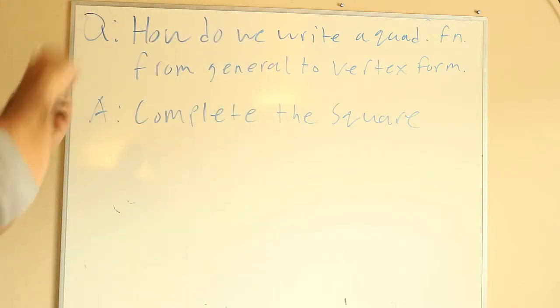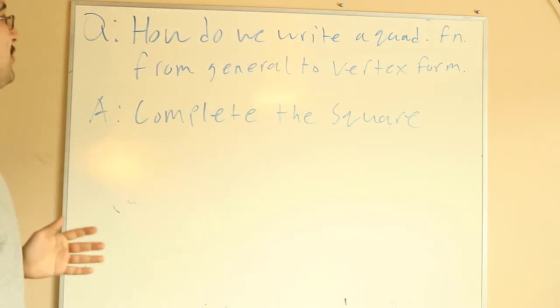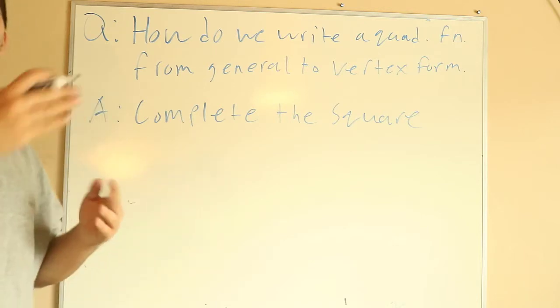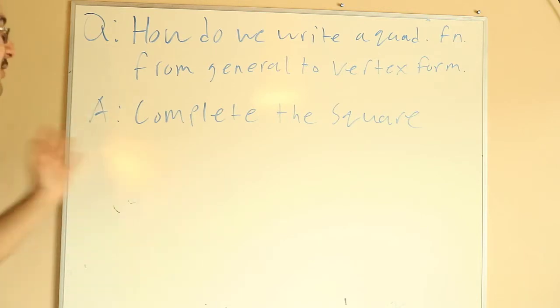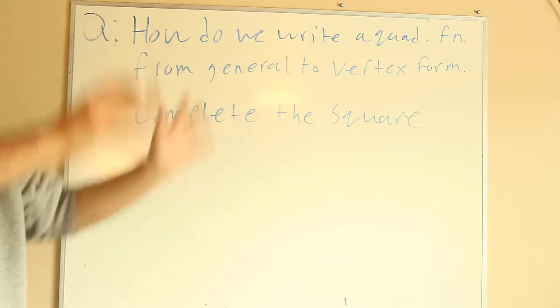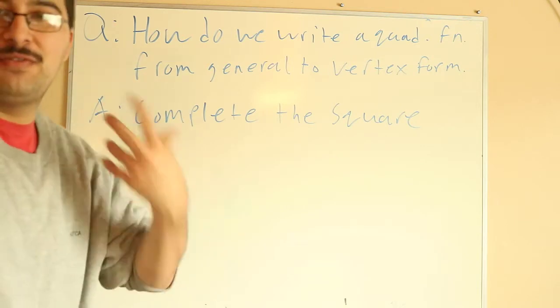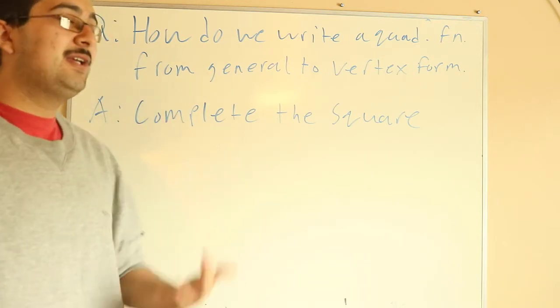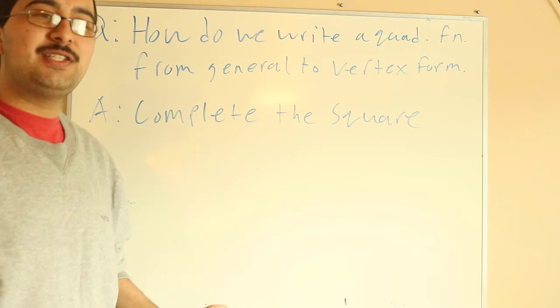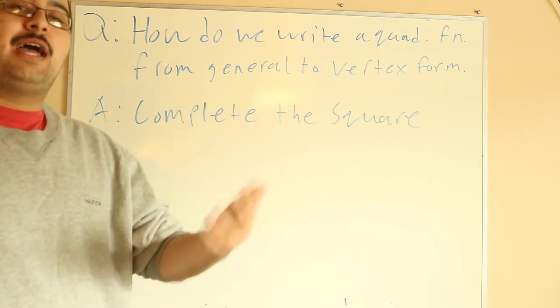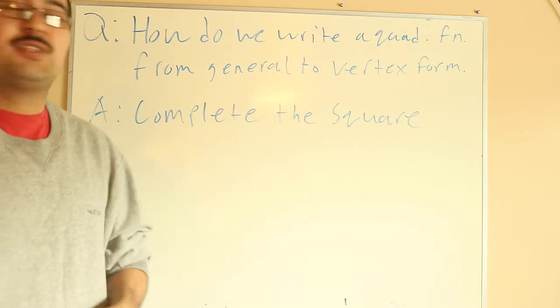So just to recap, if I want to take my quadratic function and go from general form to vertex form, the way we do that is through completing the square. I'm going to skip over the actual steps of that process. It is quite interesting, so if you do want to see how that goes, just ask me. We could talk about it through Zoom or something like that.